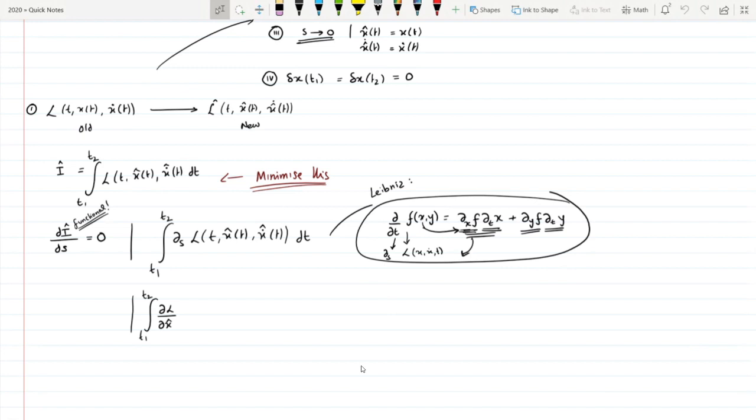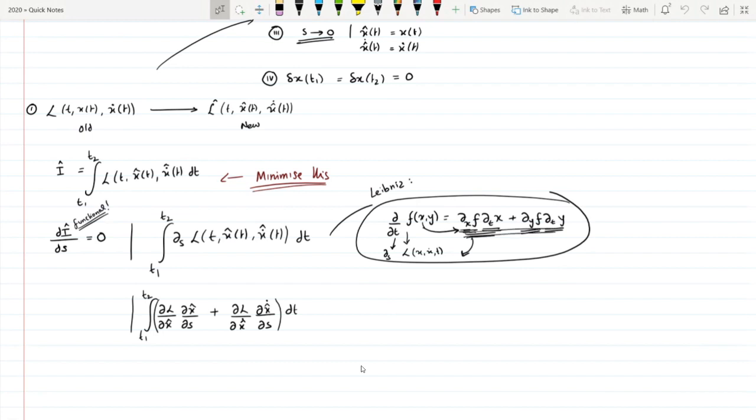Times del x hat by del s plus del L by del x hat dot times del x hat dot by del s. Is everyone clear on what this is? Is this an unfamiliar operation? All I've done is take this Leibniz rule and blindly apply it.